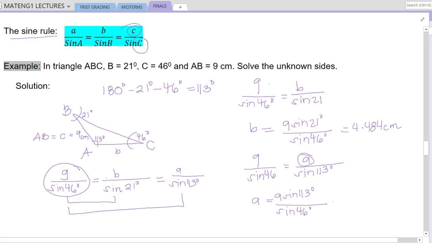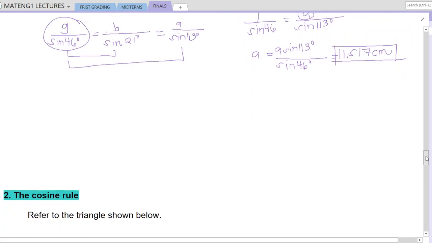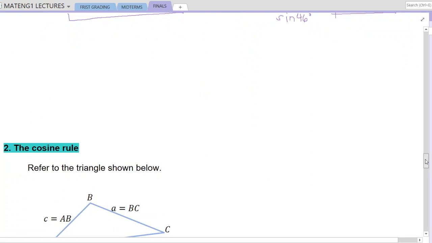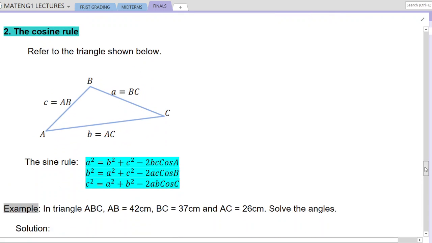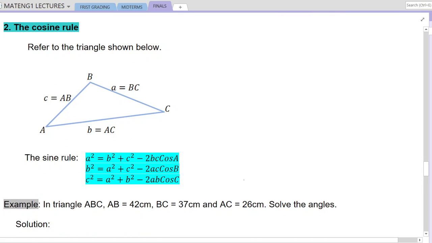So that is also equal to 11.517 centimeters. Okay, so those are the answers. The legs are 4.484 centimeters and the other is 11.517 centimeters.